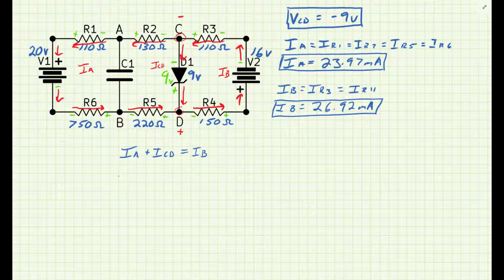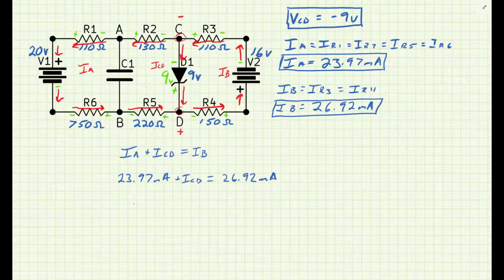Alright, so let's write some numbers in here. So 23.97 milliamps, and minus or plus ICD equals 26.92 milliamps. Alright, well that's all super duper awesome.